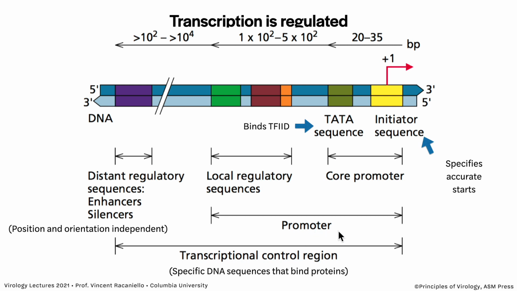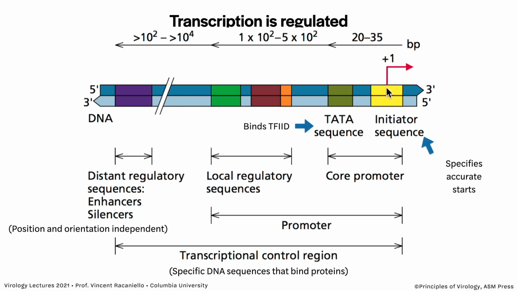So here is an example of a region of the DNA where we can regulate transcription. Here, the red arrow is always where transcription initiates, and that's called +1. So that's where the mRNA would begin. And this whole other region is called the transcriptional control region. It consists of specific DNA sequences that bind a variety of cell and sometimes viral proteins to regulate transcription.